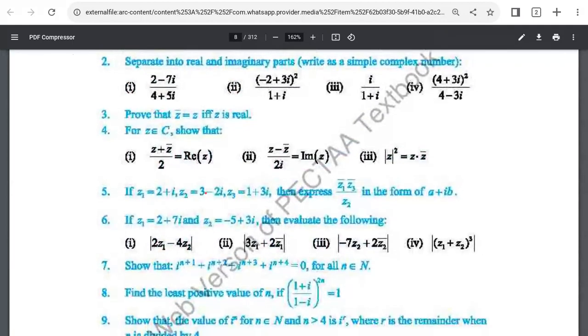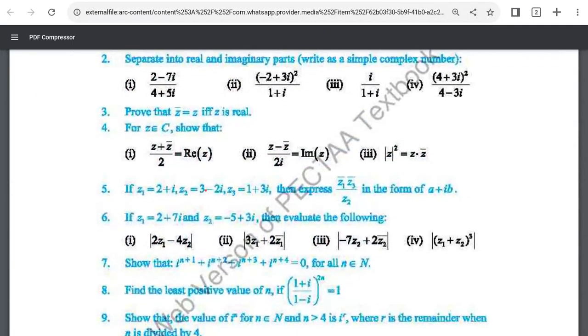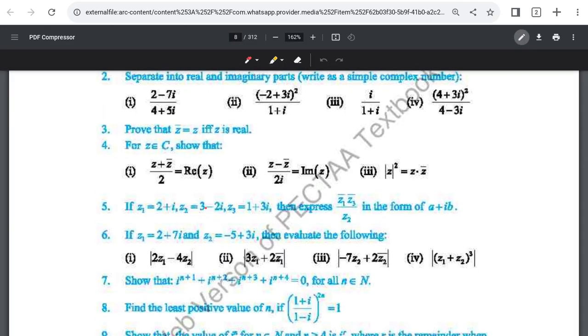Okay, so in question 2 we have, the first part of question 2 is 2 minus 7 iota over 4 plus 5 iota.